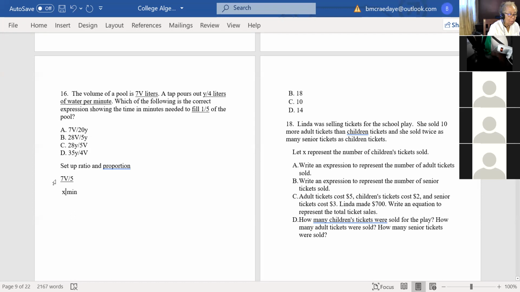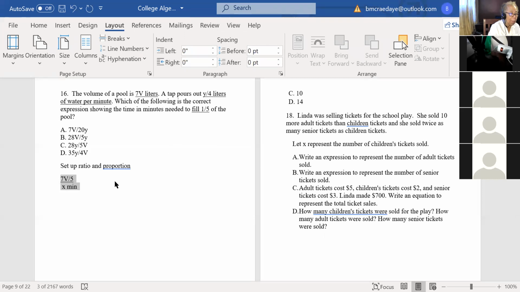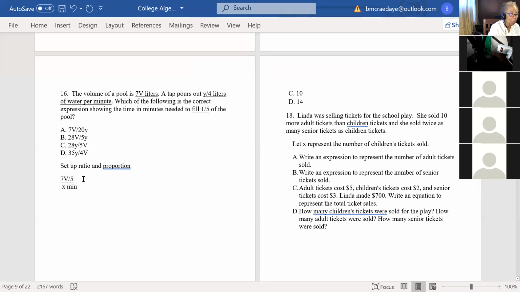Okay, let me bring this up a bit. Now, what would the other side of my proportion look like? Y divided by 4. That would be equal to what?